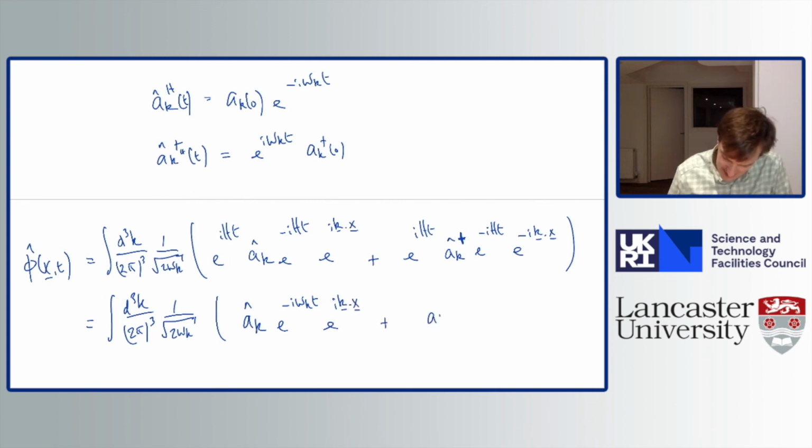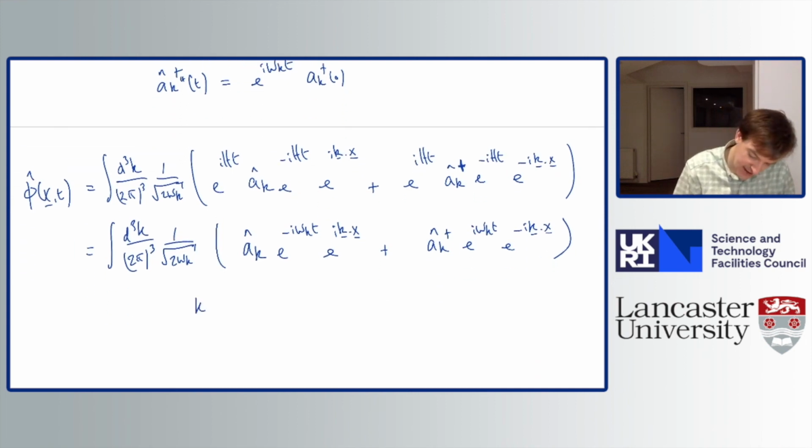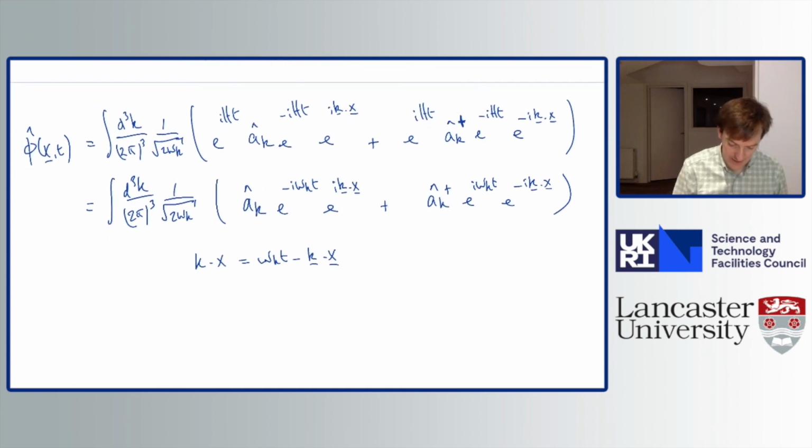And I get a_k dagger. I'll get e^{+i omega_k t}, e^{-i k dot x}. I can simplify this a little bit because this 4-vector k dot x is omega_k t minus k dot x, to arrive at our final form for the field.